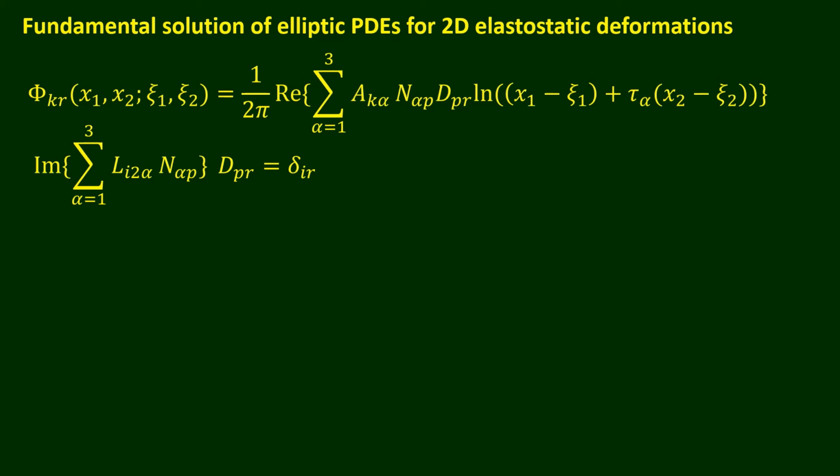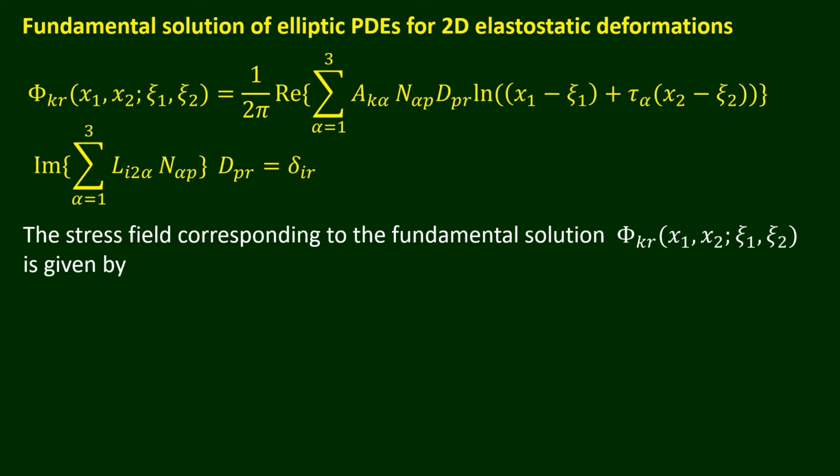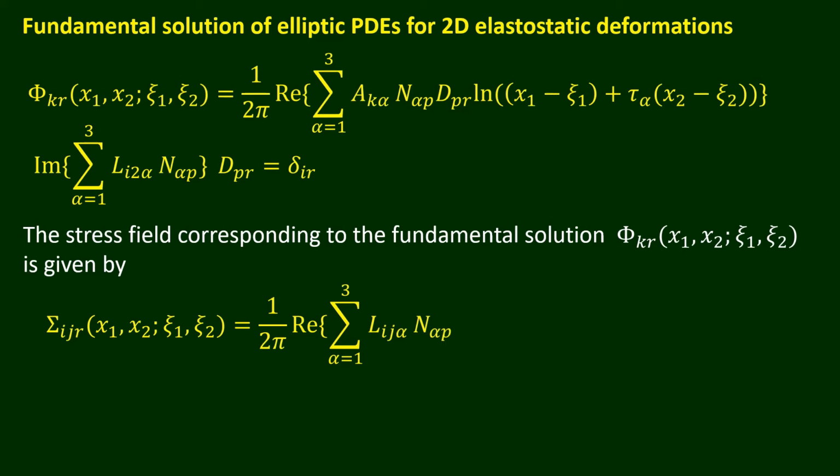The stress field corresponding to the fundamental solution Phi kr, x1, x2, xi1, xi2 is given by capital Sigma ijr, x1, x2, xi1, xi2 equals 1 over 2 pi, real part of sum, alpha equals 1 to 3, L ij alpha and alpha p, Dpr, 1 over x1 minus xi1 plus tau alpha, x2 minus xi2.